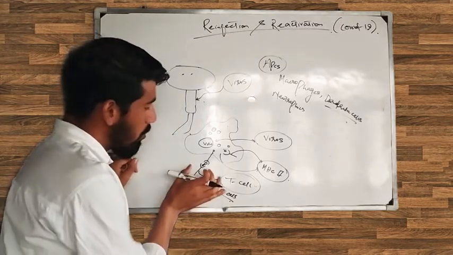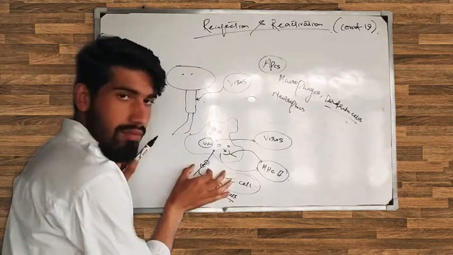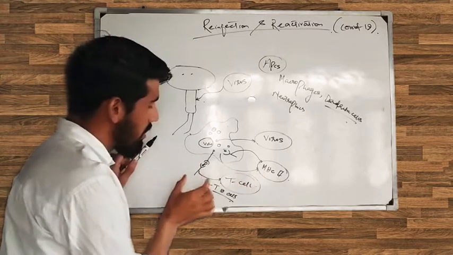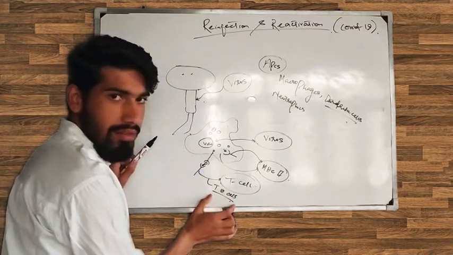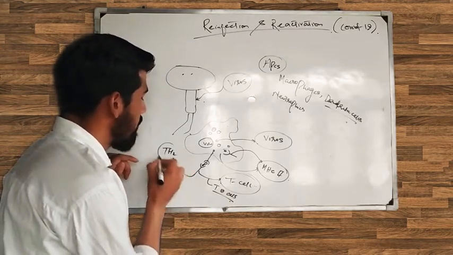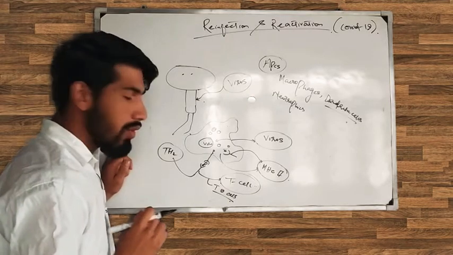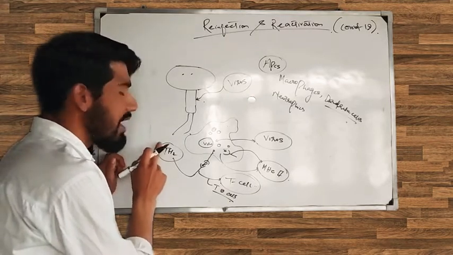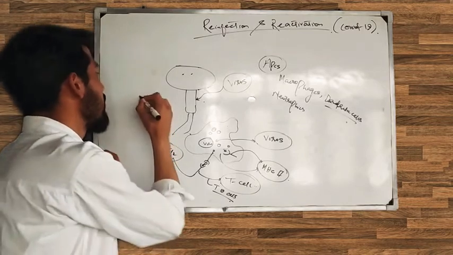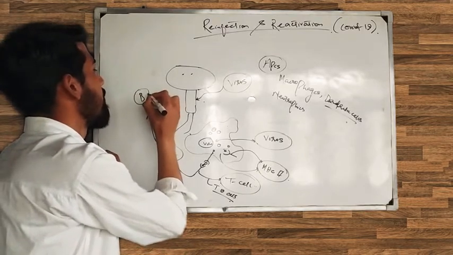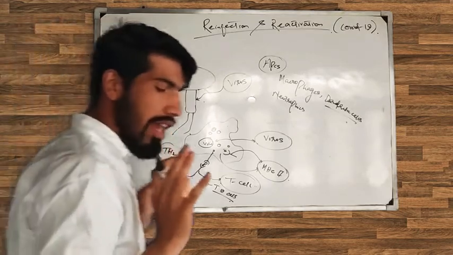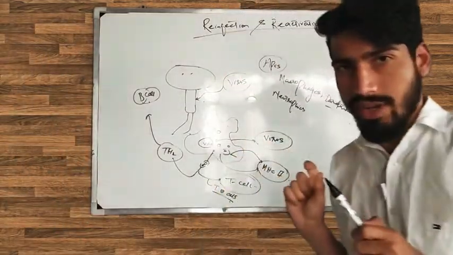When it makes a bond to the MHC class 2, the naive T cell turns into the T helper cell, TH2. The TH2 T helper cell sends a message to the B cell, with the help of chemicals called cytokines.